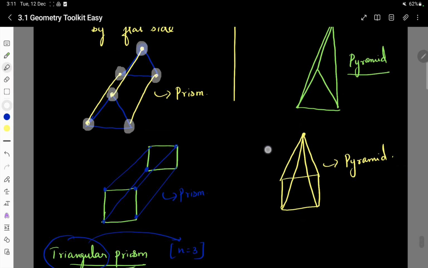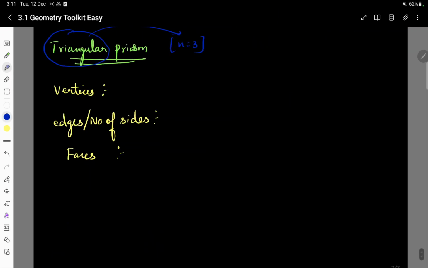So how many vertices do we have? 6 vertices we have. So in general, if I have to tell this for any number of sides, the number of vertices will be equal to 2n. 2 into the number of sides we have in the base part.